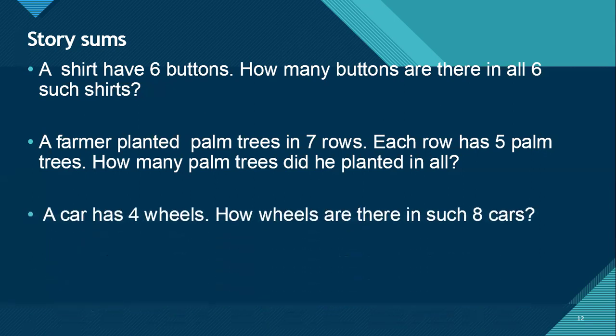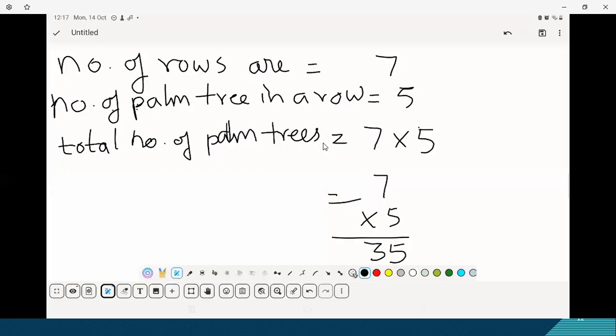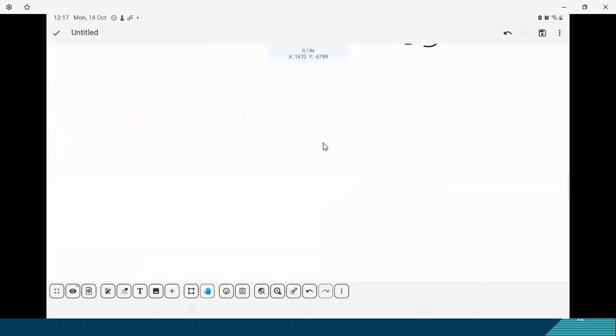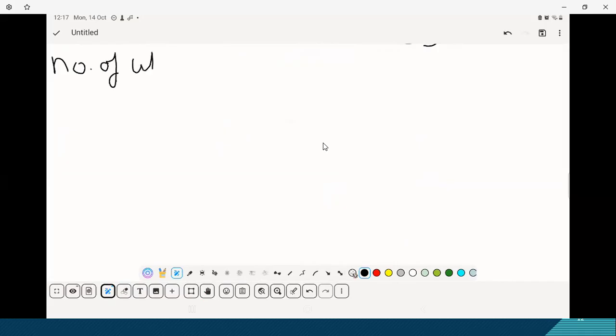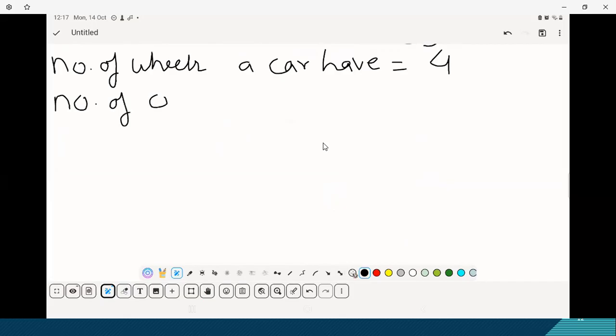The next sum is: a car has 4 wheels. How many wheels are there in such 8 cars? Quickly see on the whiteboard. Number of wheels a car has is 4. And number of cars are 8.